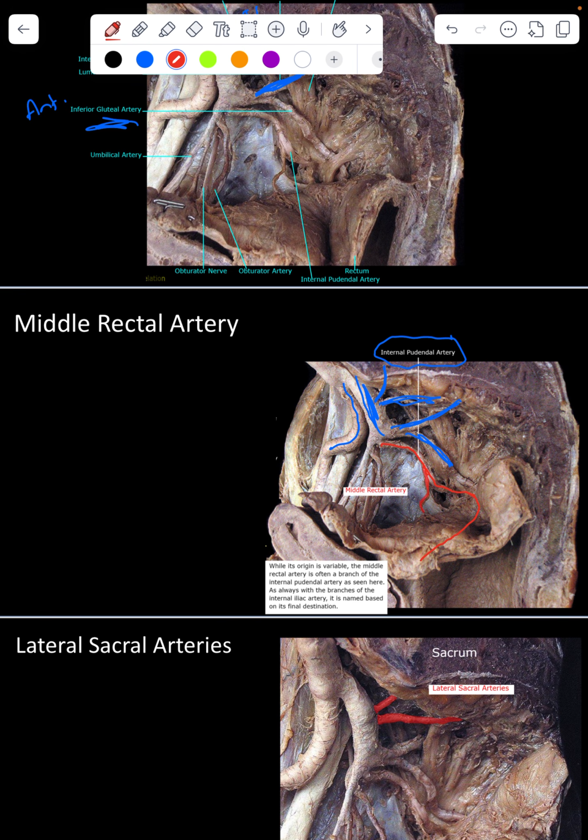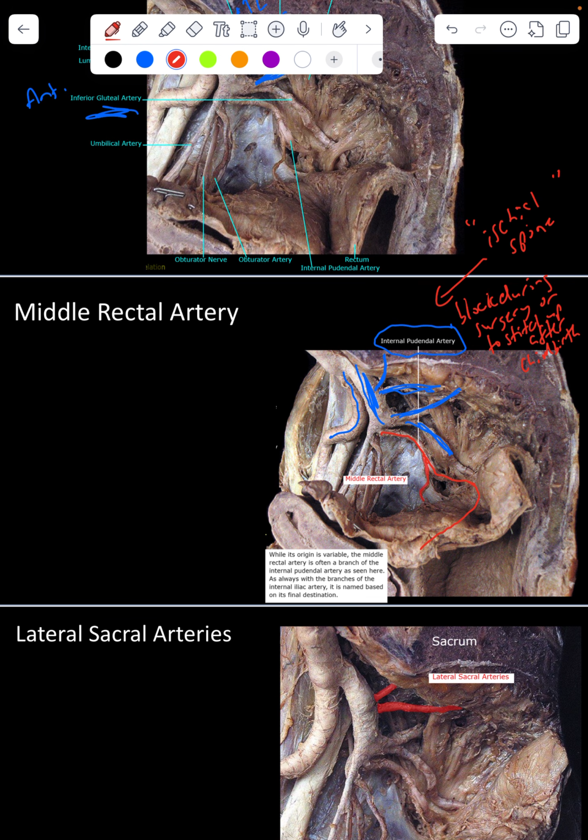That's the nerve that you block during surgery in that area, or to stitch up after childbirth. And the spot that you see this is actually on the ischial spine. That's the landmark where you will numb the artery, or, well, the nerve is there, but the artery runs with it.